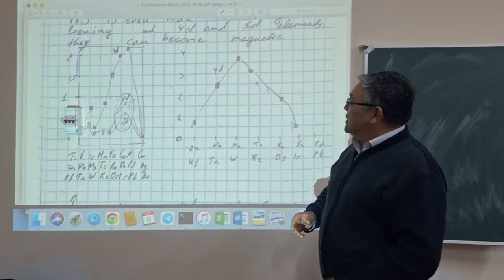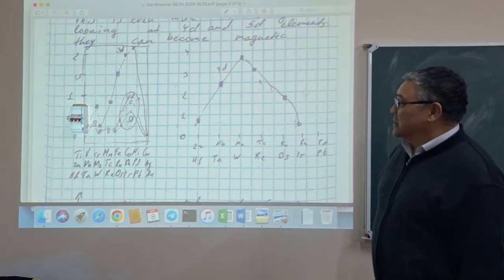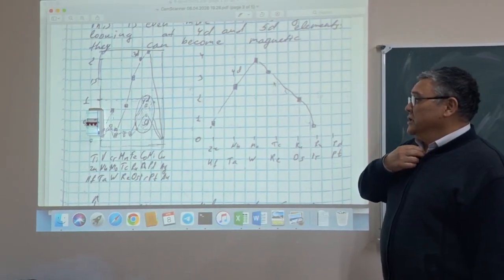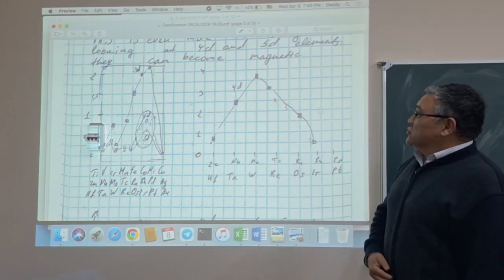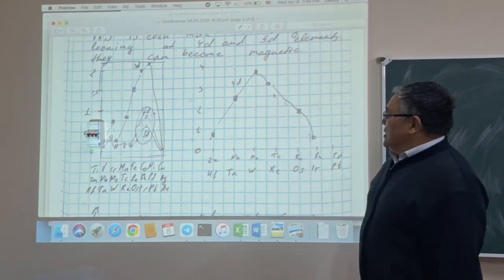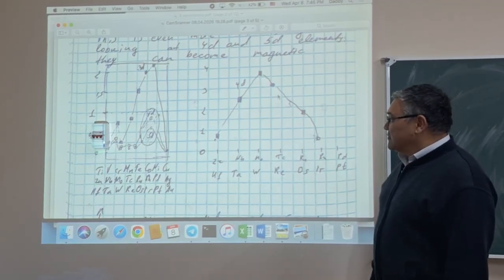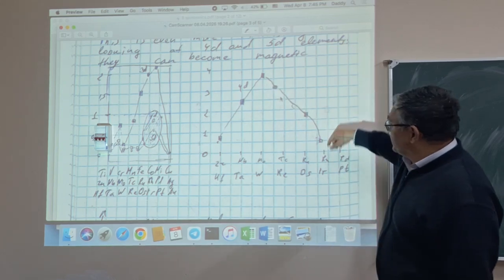So, for example, in this experiment that was performed with density functional theory, calculations were done for 4D and 5D elements. It shows the magnetic moment on the y-axis, and on the x-axis we have different atoms of 4D and 5D elements. For example, this is the case for 4D elements.